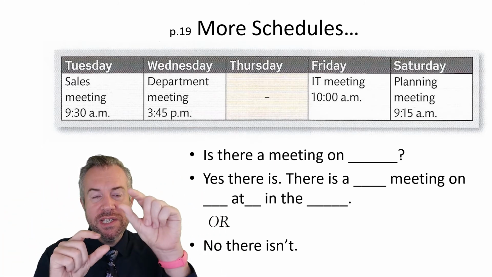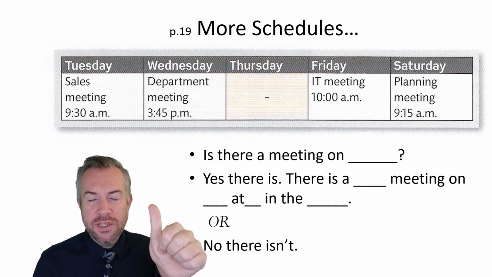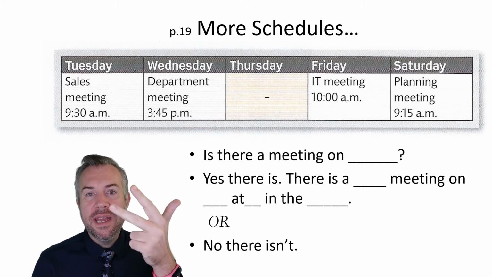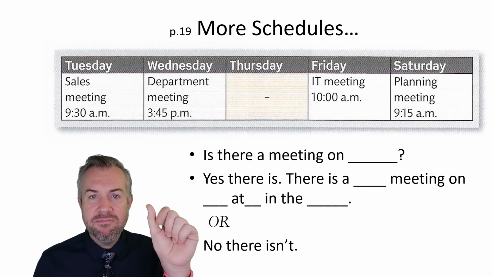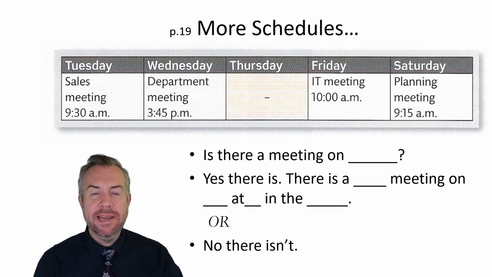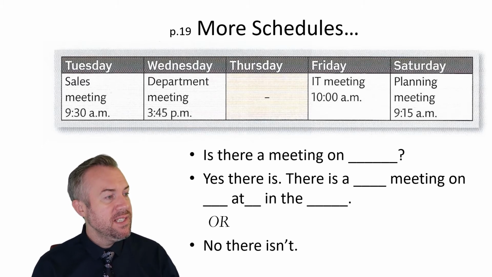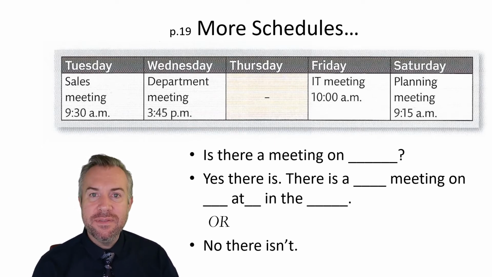You can restructure the sentence as long as you have the key details. On the day, at the time, in the morning, afternoon, evening. If you have those 3 things and the event, you are good to go. Let's ask about Wednesday. Is there a meeting on Wednesday? Yes, there is. There is a department meeting on Wednesday at 3:45 in the afternoon.